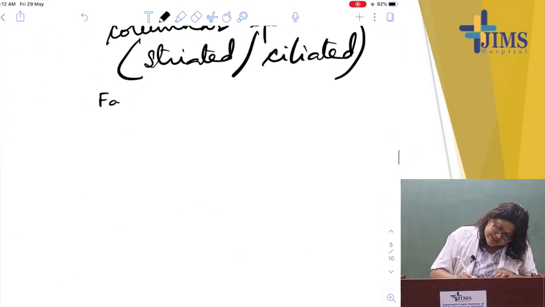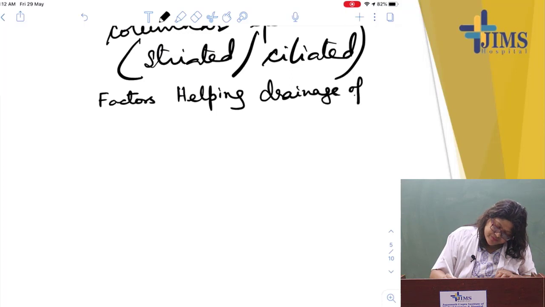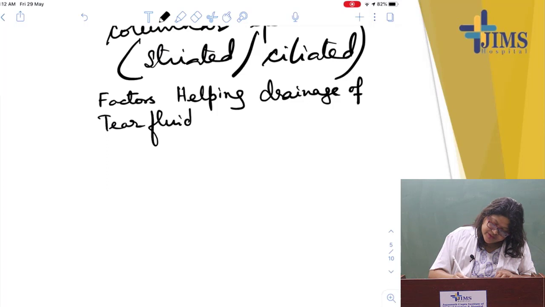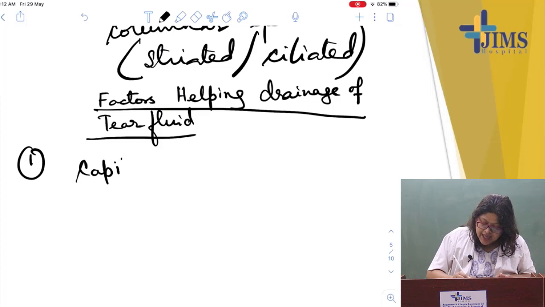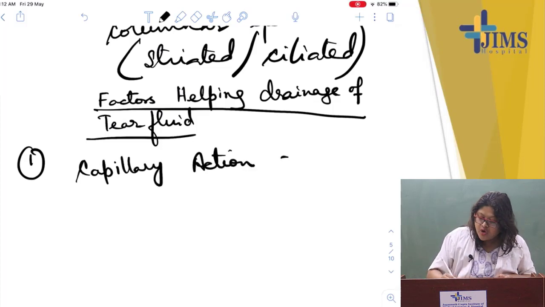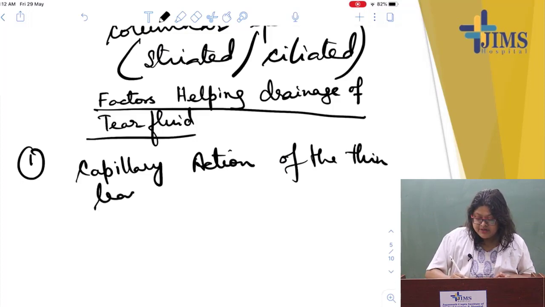So factors helping drainage of tear fluid. Number 1, the capillary action of the thin tear fluid film.